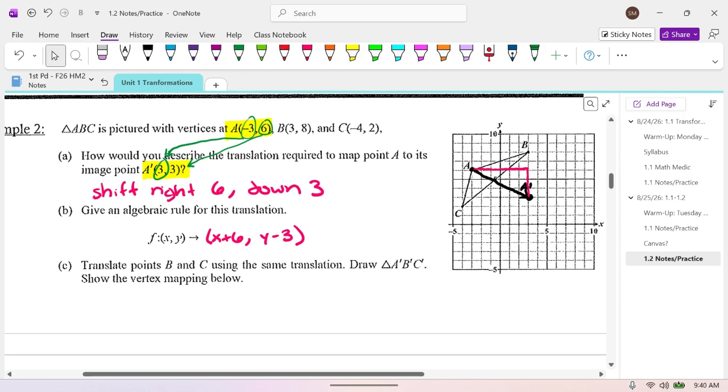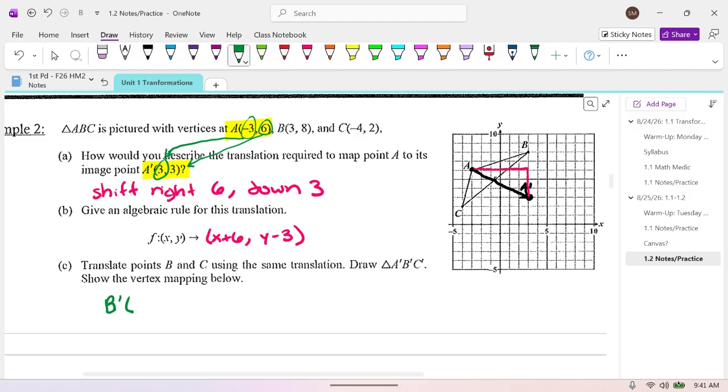All right, so if we follow that rule, what's B prime? Someone who has not spoken yet today. I don't know your names yet, so I can't start doing popsicle sticks. So what's B prime? We know the rules, so that should make it a little bit easier.